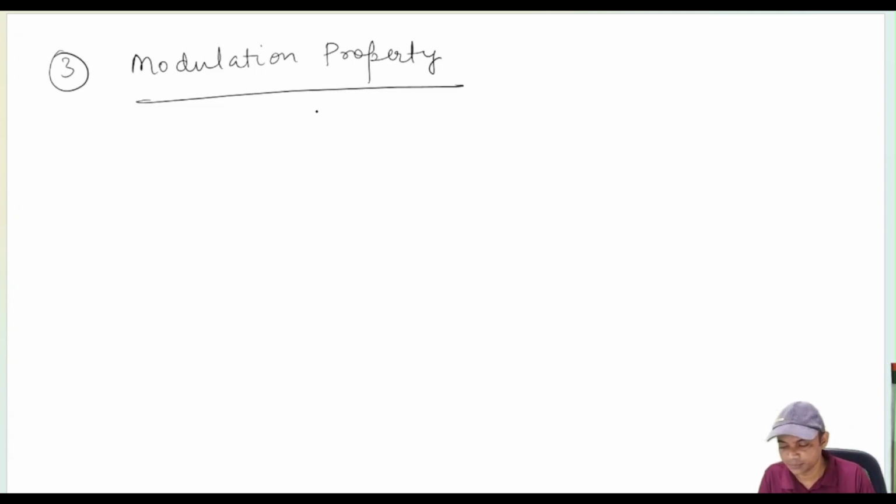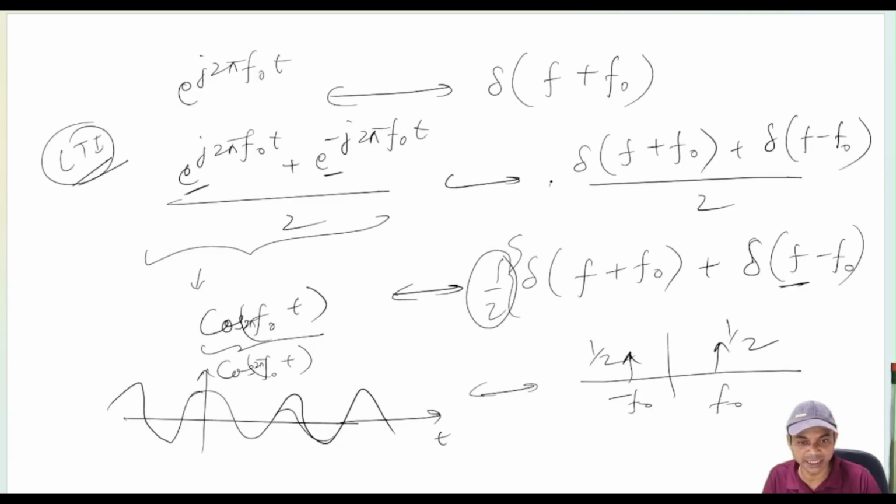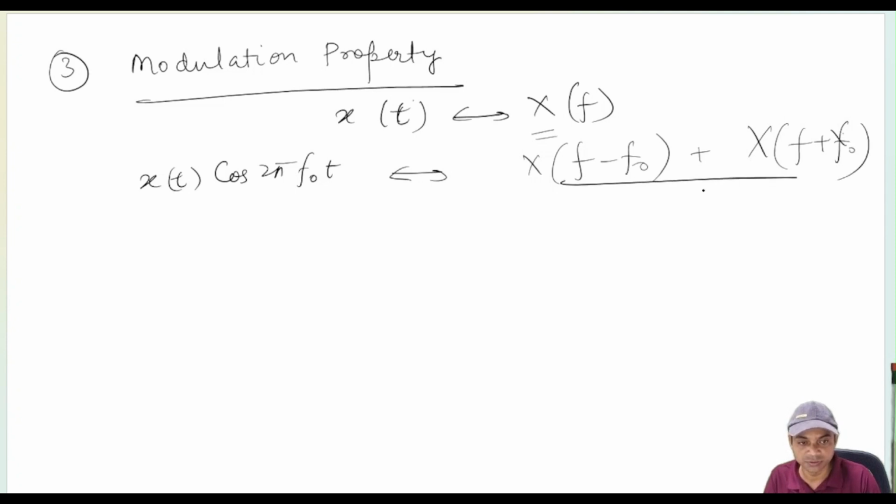Suppose the Fourier transform for x t is X f. Then x t into cos 2 pi f naught t, what will happen? Whatever we have done here, the same thing we will repeat, but for X f we will shift: X f minus f naught plus X f plus f naught, divided by 2.